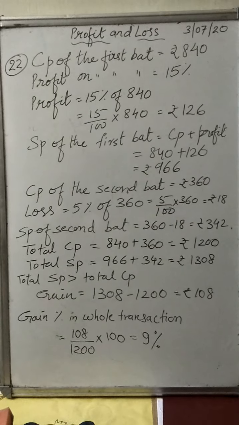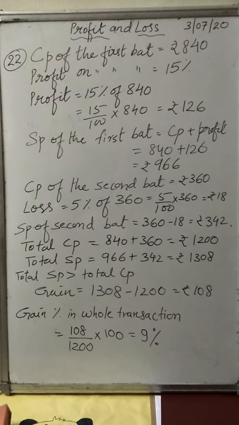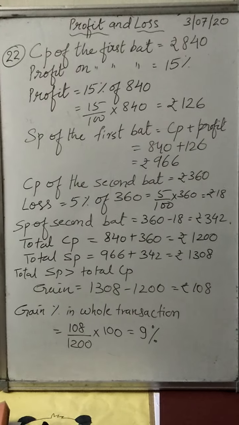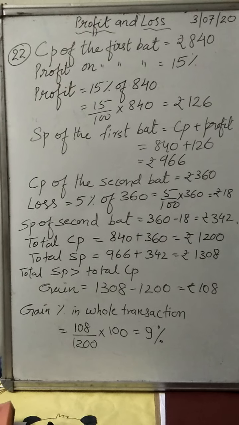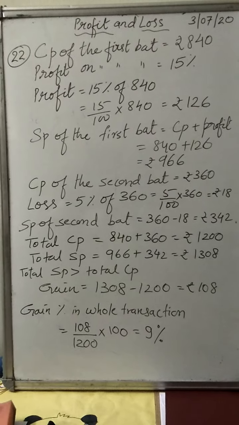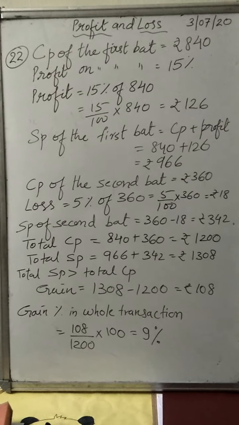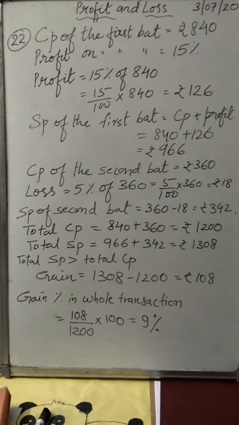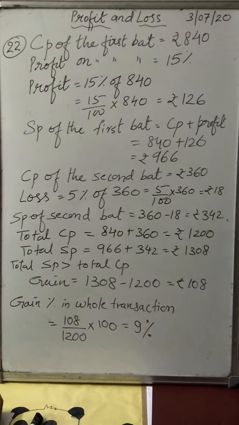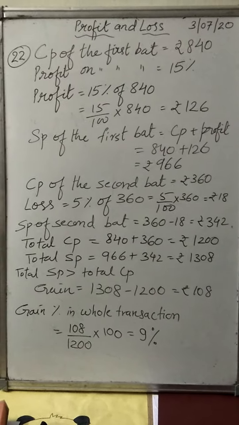He has purchased 2 bats, and for one he's gaining 15% and for the other he is losing 5%. Now you have to calculate in the whole transaction whether he has gain or loss. So that percent you have to calculate.